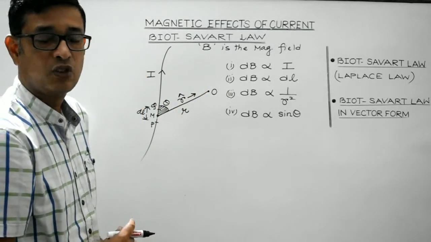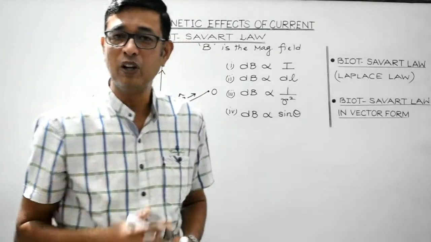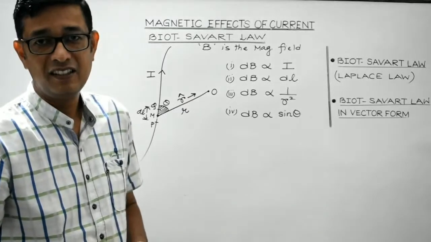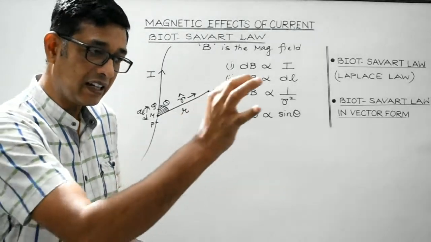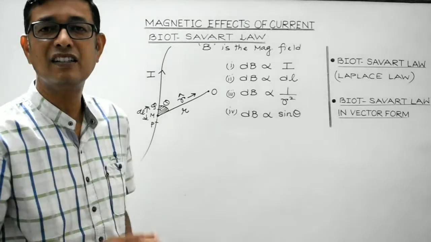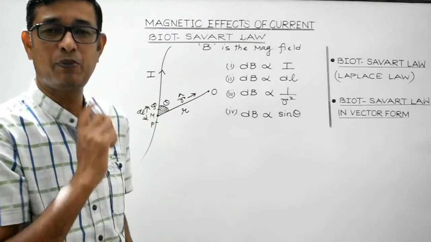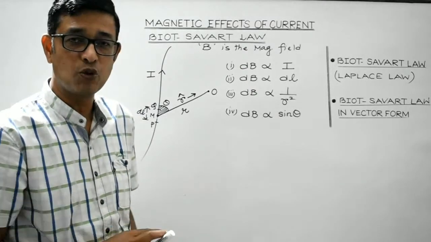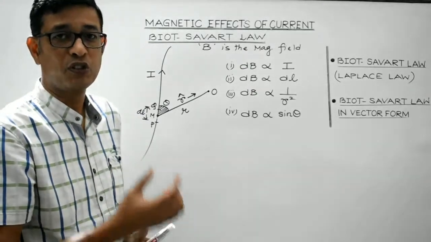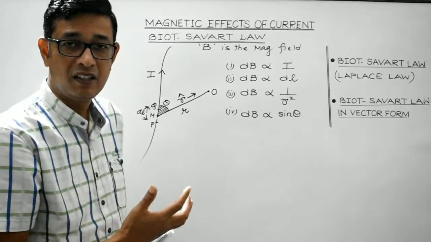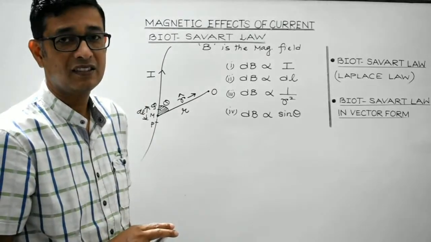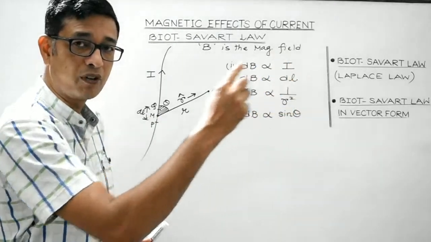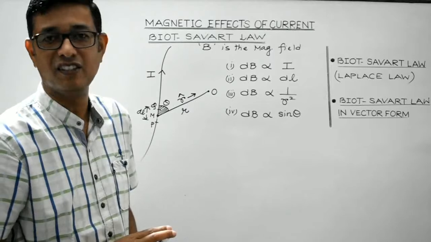Right? So students, what will be the statement of Biot Savart Law? Biot Savart Law or Laplace Law states that the strength of the magnetic field at any given point near a current carrying conductor due to a small elementary portion is first directly proportional to the current flowing through that elementary portion, second directly proportional to the length of that elementary portion, third it obeys inverse square law, that is, it is inversely proportional to the square of the distance of the observation point from the center of the elementary portion under consideration.